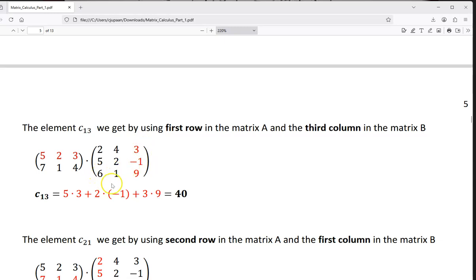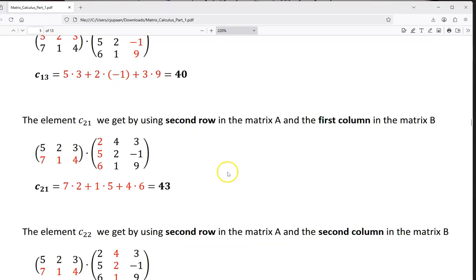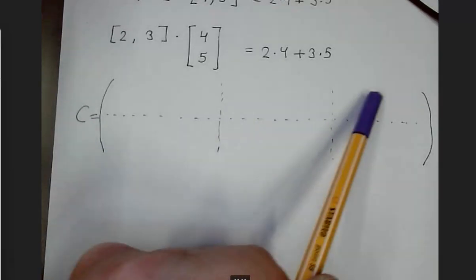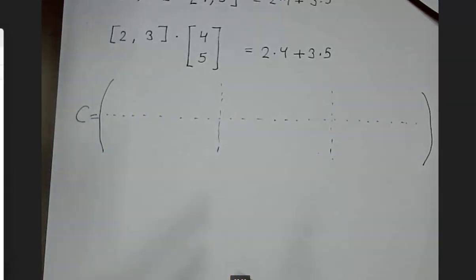So this is very simple mathematics, but you need to be careful to take the correct elements there. So again, 5 times 3, 2 times -1, and 3 times 9. That gives us 40. And then we move to the second row. So now we have found the values in the first row.